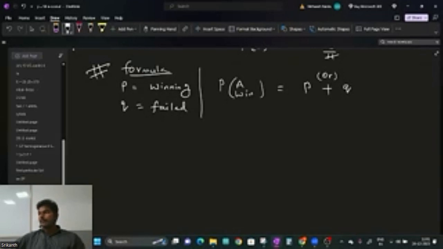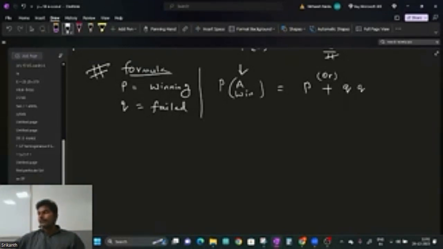On the second day they came, they sit together, and they are playing with the die. A rolls the die, and he lost. Loss means Q. So if the first player lost, the die will be transferred to the second player. The second player definitely lost. Why definitely? Because we are checking here for the first player winning.